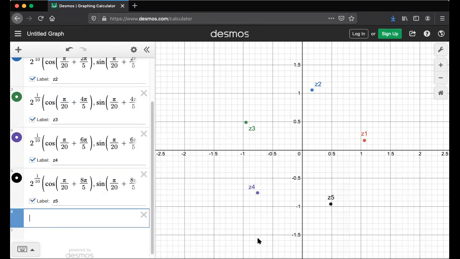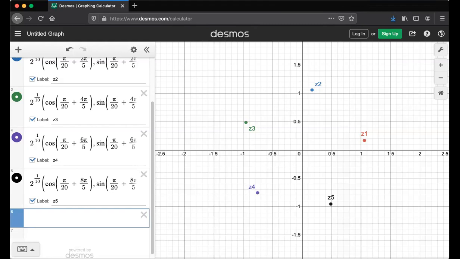And so what do we form here? These 5 points form a nice regular pentagon. The 5 fifth roots of this number 1 plus i are going to form a nice pentagon that's centered at the origin. And there's nothing in particular here about the 1 plus i.